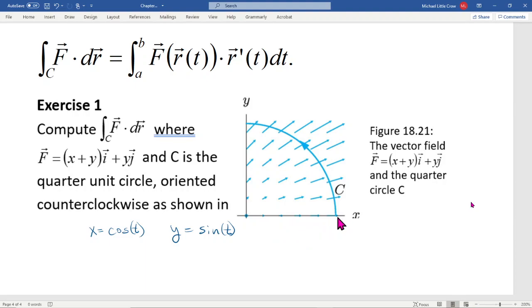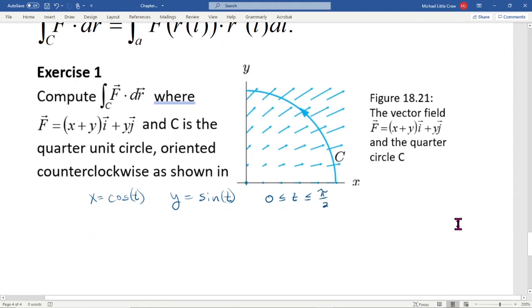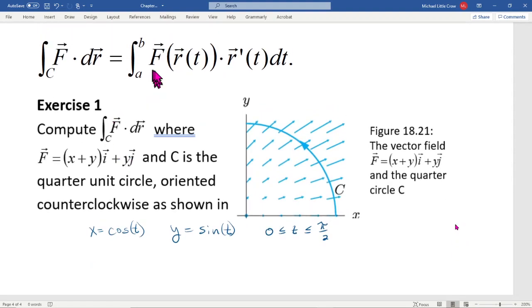And as you see, since it's a quarter circle, t will be from 0 to pi over 2. And then what we're going to need to do now, so we've got this function, we need the derivative. So any point along here, x is cosine of t, y is sine of t.